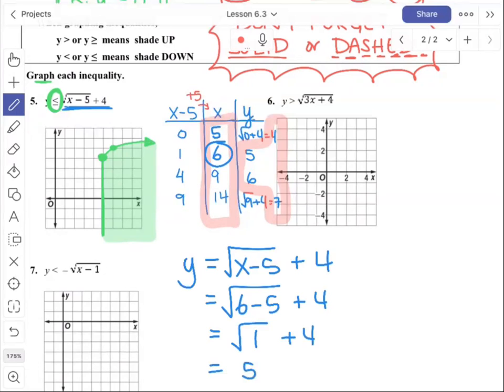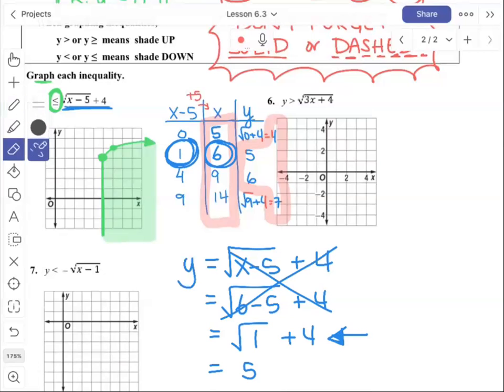The reason why I got 6 was because I wanted what was inside the radical to equal 1. So I basically skipped these steps and went straight to this step. Oh, okay, that makes sense. Thank you. You're welcome. Great question.